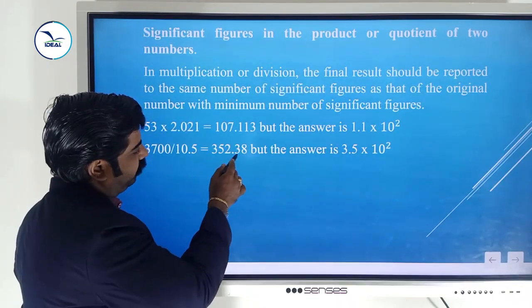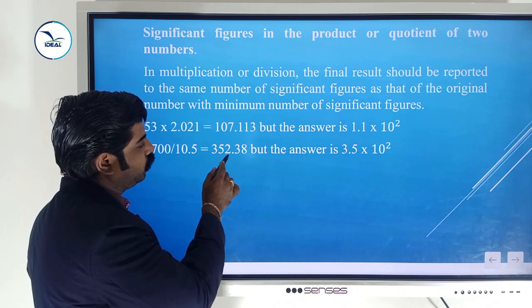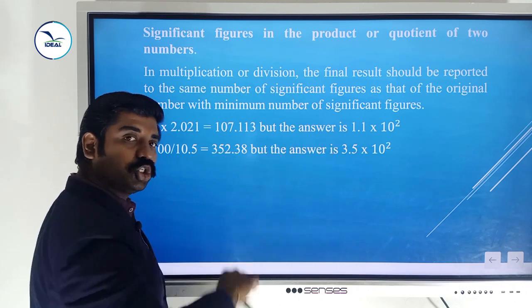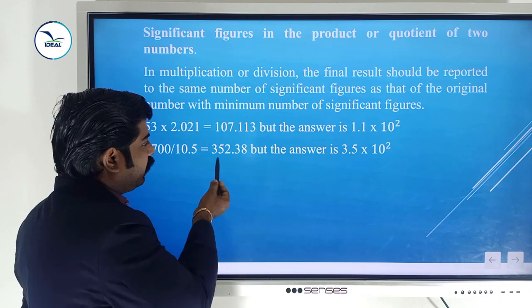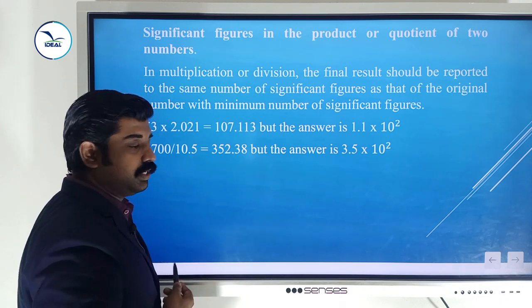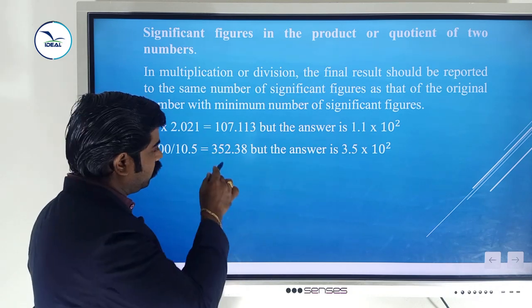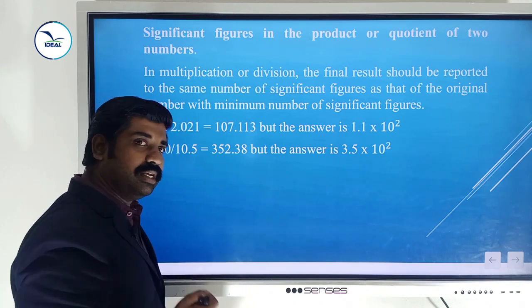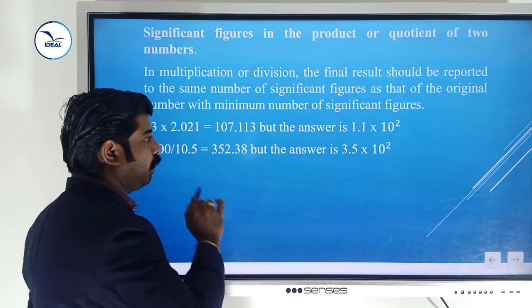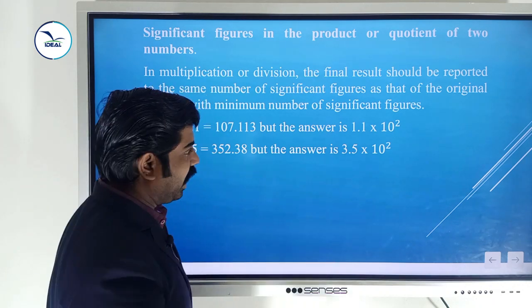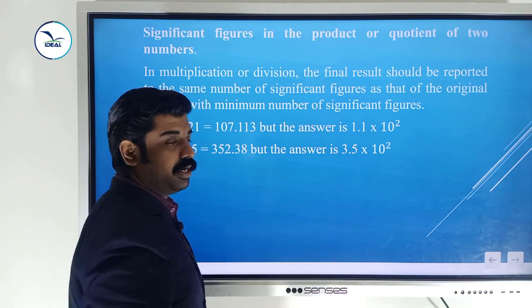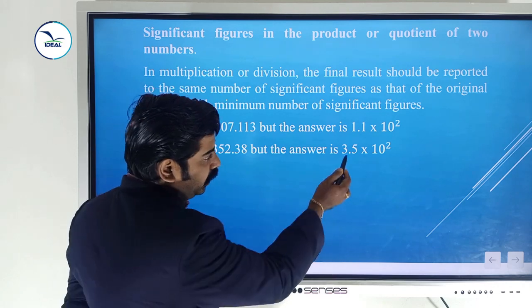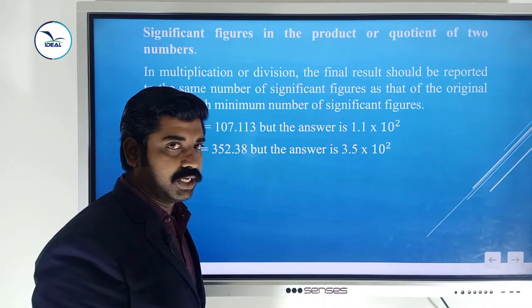Here we can write it as 3.5238 into 10 raised to 2. But if I need only 2 significant figures, I want to round it. Here the digits after 5 are 2 and 3, which are less than 5. So I can round it as 3.5 itself. So the value is 3.5 into 10 raised to 2. So here there are 2 significant figures.